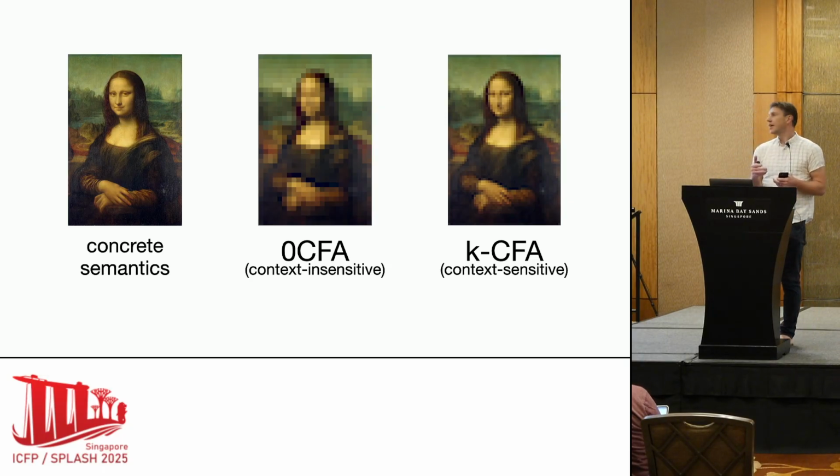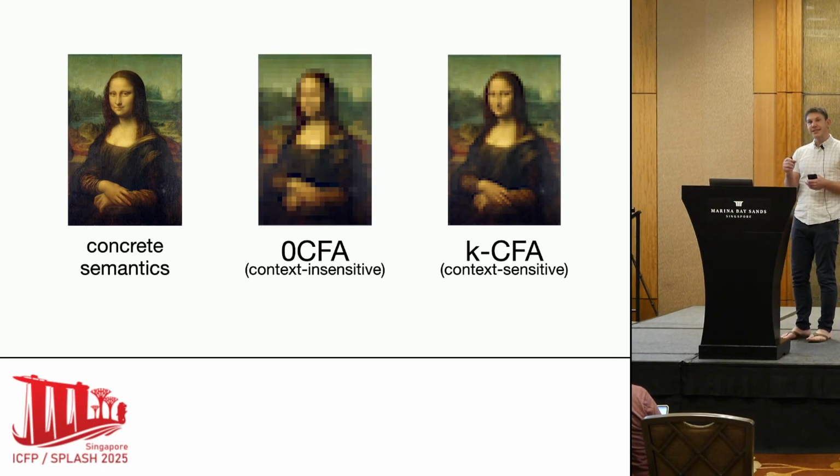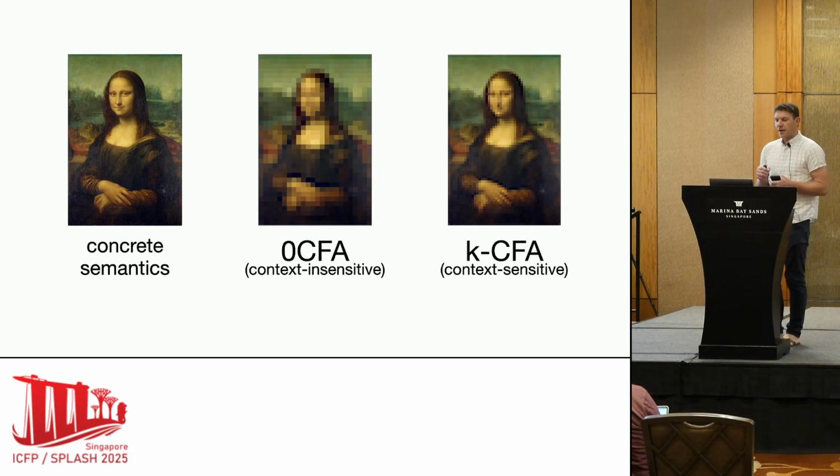And the result is that in parts of the picture with detail, we do get a better understanding of the program's behavior. But in parts of the picture that are more uniform, just to really stretch this analogy in the background, we are still paying for every pixel with analysis effort, but we're not getting much more information about what the program is doing. So it's not a cost-effective use of our analysis resources.